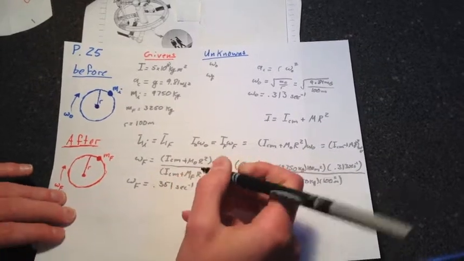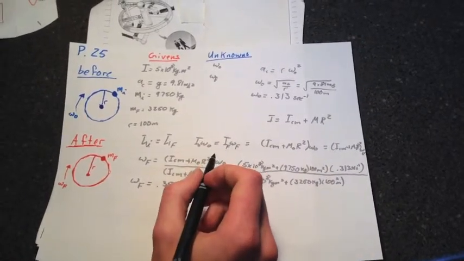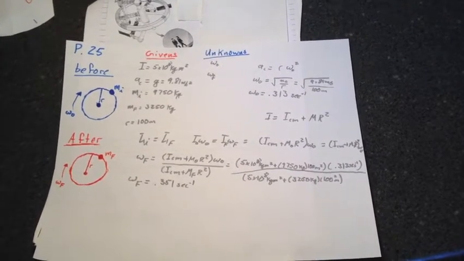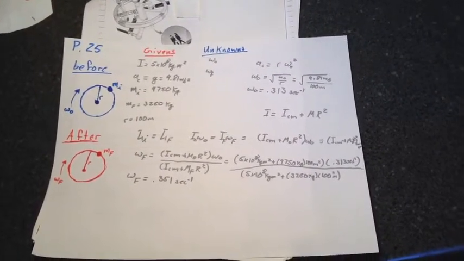And in the problem it's asking for the actual acceleration at the rim of the space station.